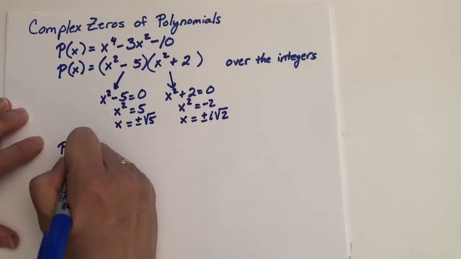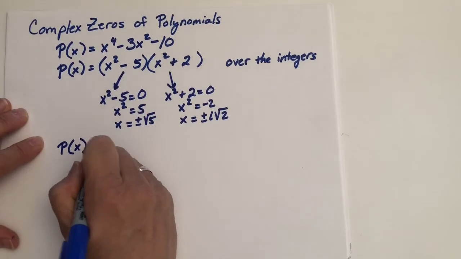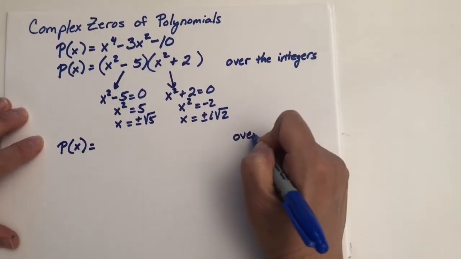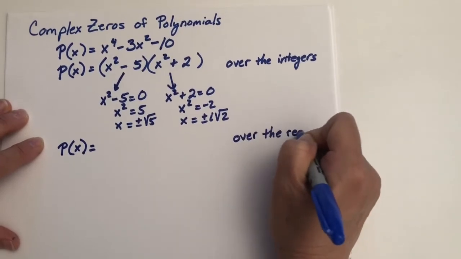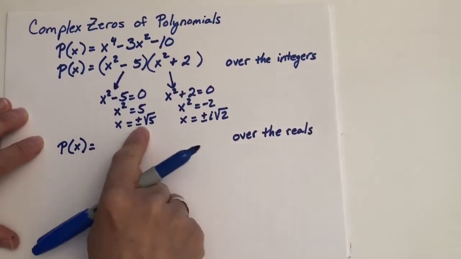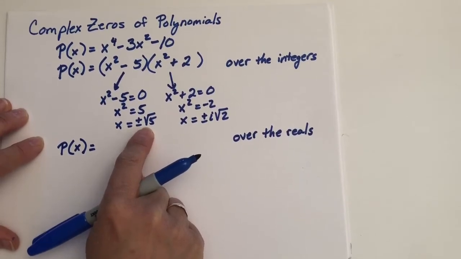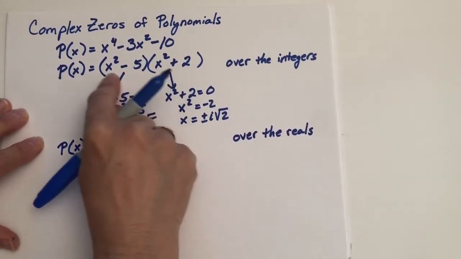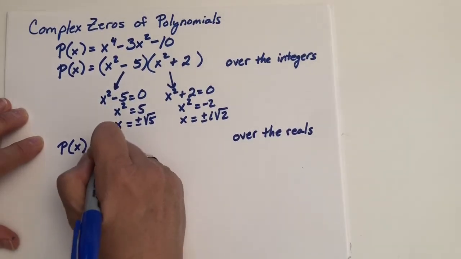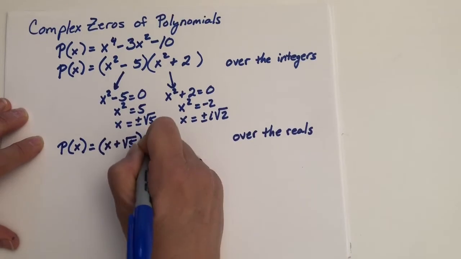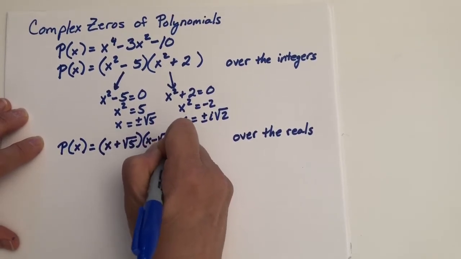P of x equals, let's suppose the directions were to factor over the reals. Now, these numbers are real. They're irrational, but definitely still real. So we could factor this x squared minus 5 into x plus the square root of 5 times x minus the square root of 5.